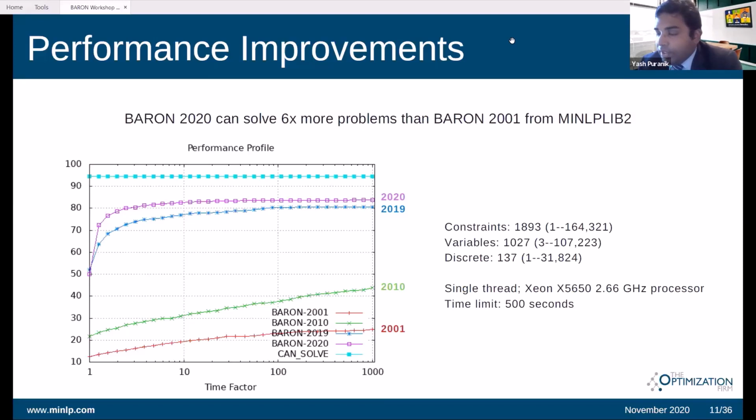All these tests were run on the same hardware platform with a time limit of 500 seconds. So of course, it's tremendous progress to be able to solve as many problems in 8 minutes in 2020. That's a lot more than 2001. We're also much faster in solving these problems. So this gives an indication of the amount of progress we've made since 2001.